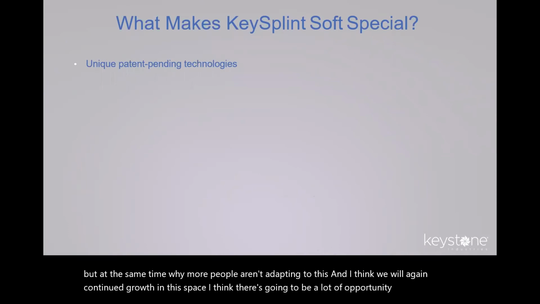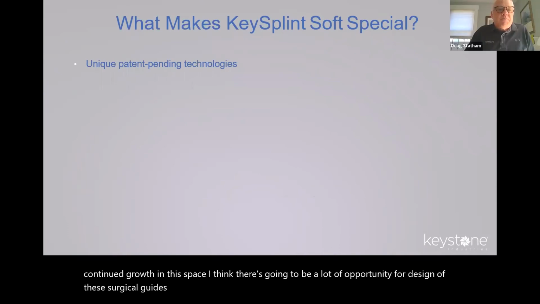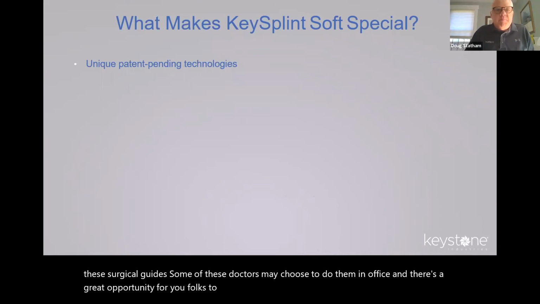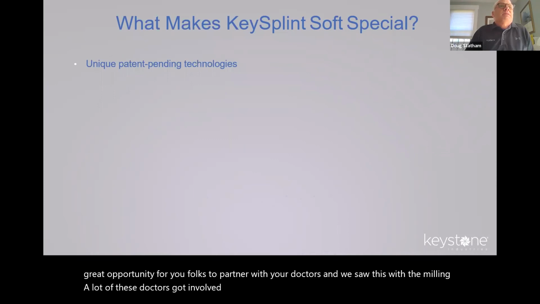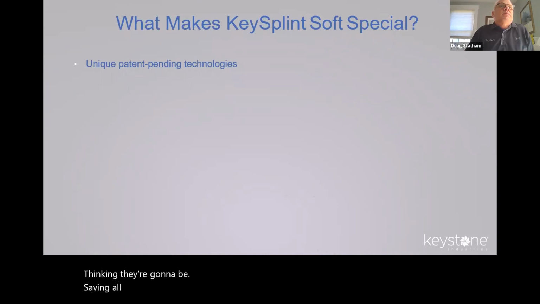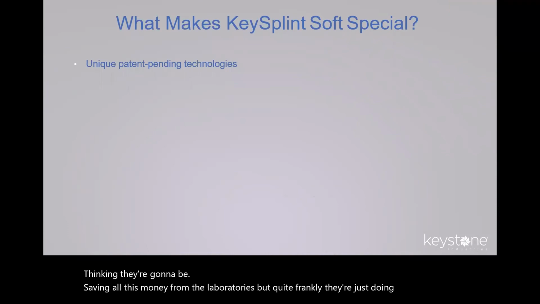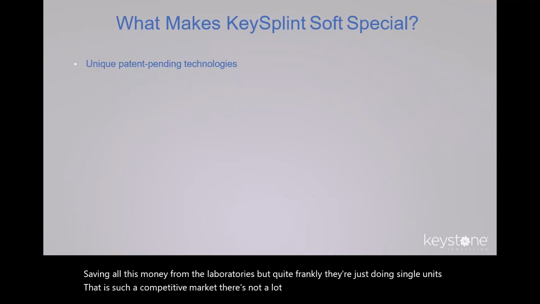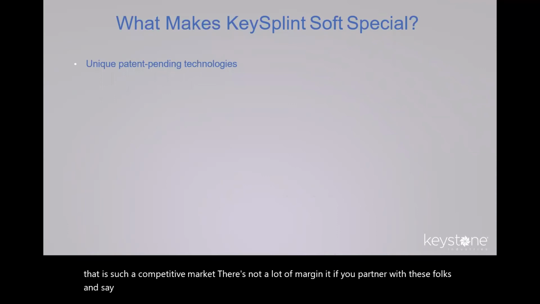Okay. So back to the soft splint, it is a unique patent pending technology. You are seeing some other products similar to ours coming out. Here we go. Are splints and mouth guards part of your lab's offerings? If you would please answer, thank you so much for participating.